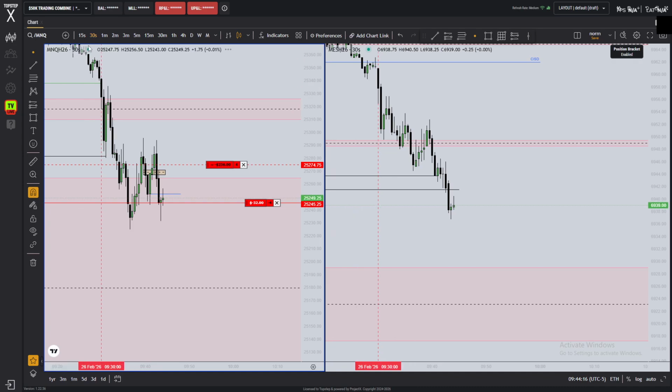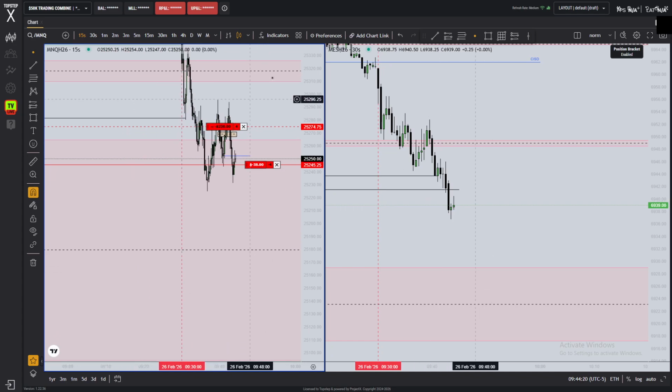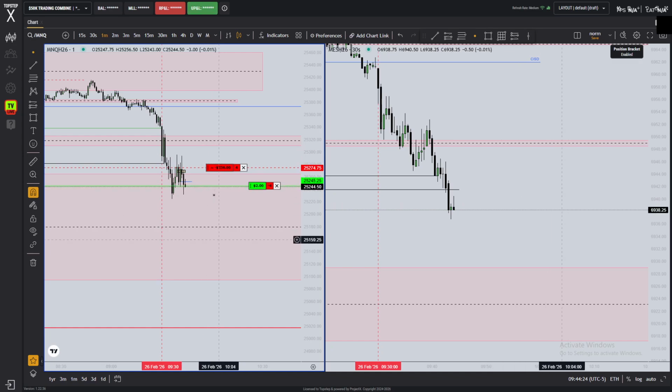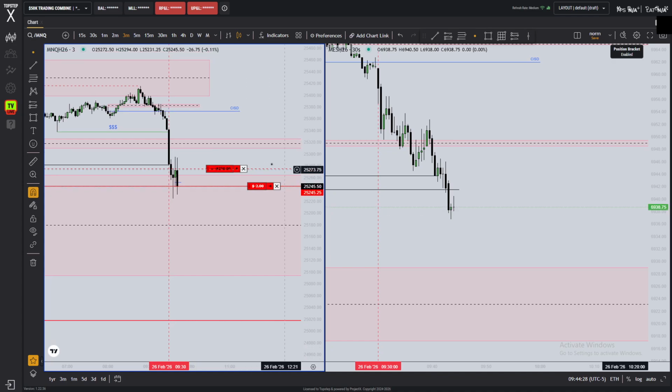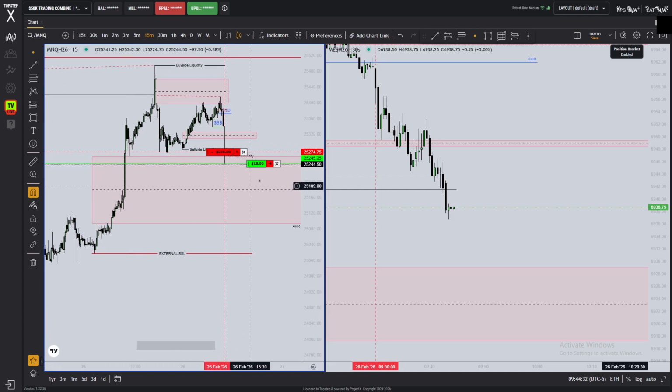So we put in a lower time frame, right? On this 15-second, pulled back to it. And based upon where we're at, we already respected that 3 minute, right? No need to pull back to this 3 minute. So jump higher time frame. We're going to target our external right here.